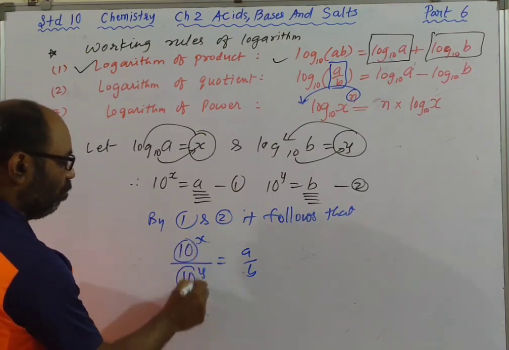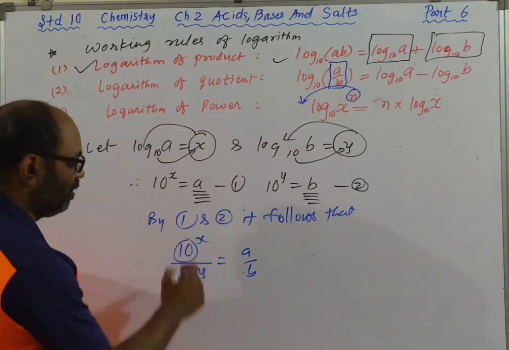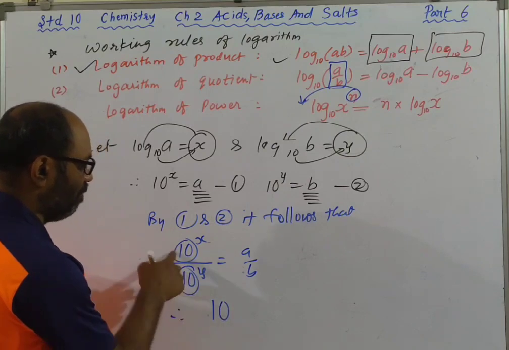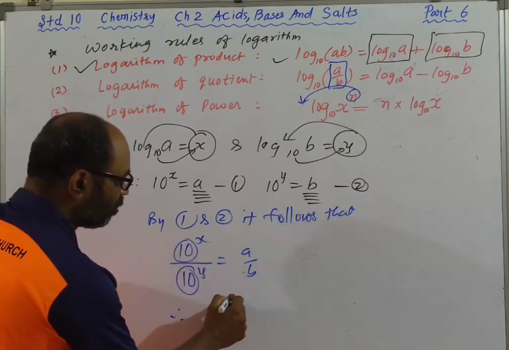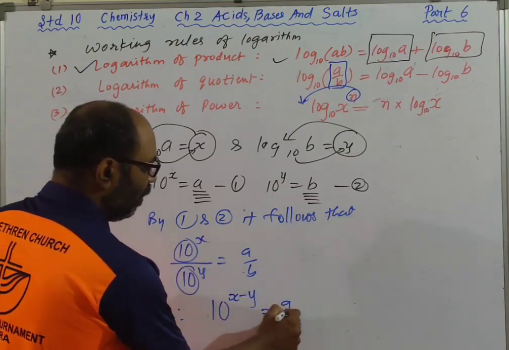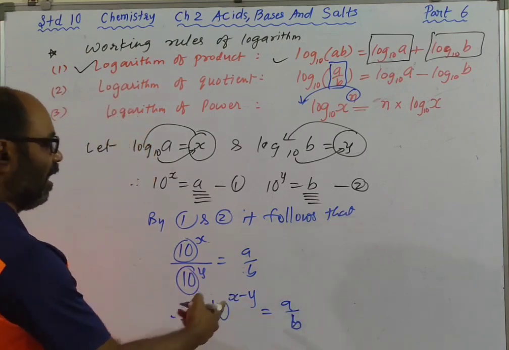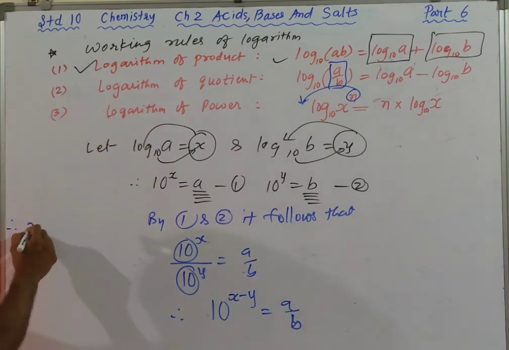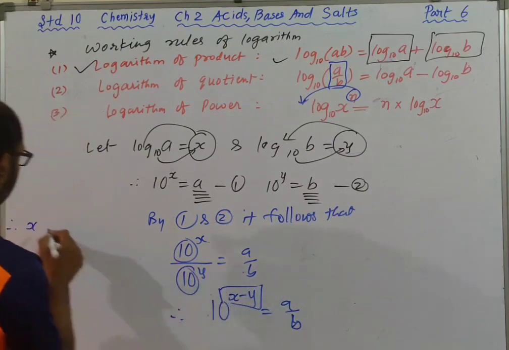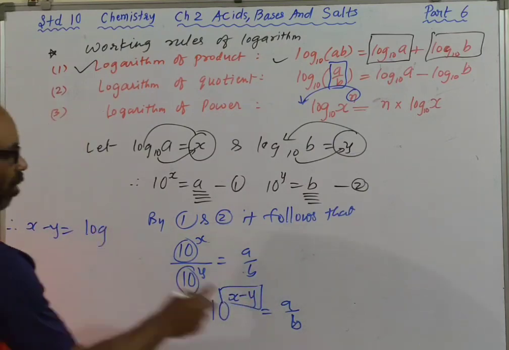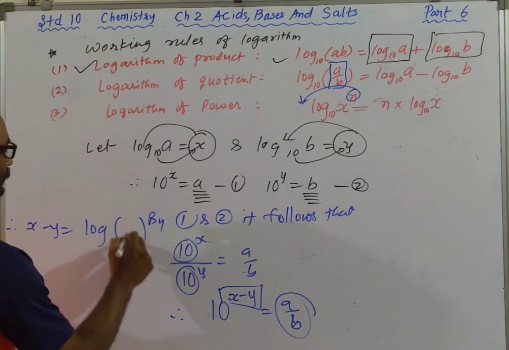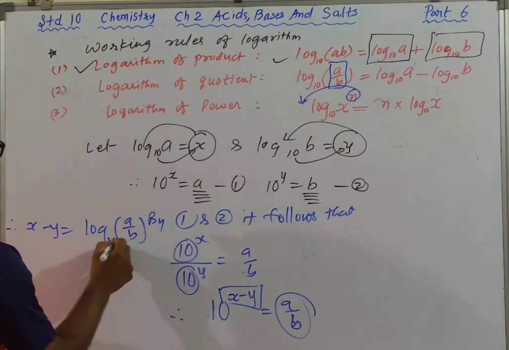Now here the rule of division of powers: the common base is 10 and it is division, so you will write x minus y is equal to A upon B. Convert this into logarithmic form. That index x minus y is equal to log of the value A upon B to the base 10.